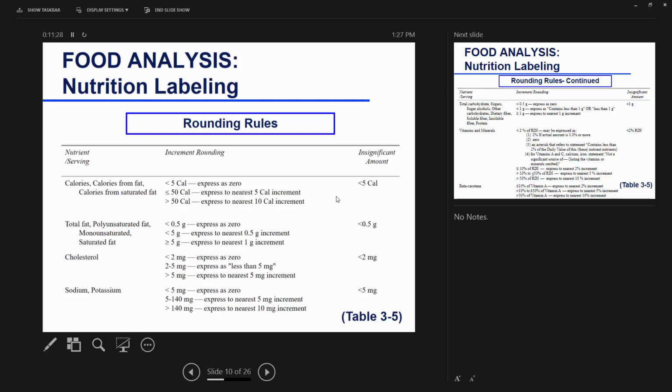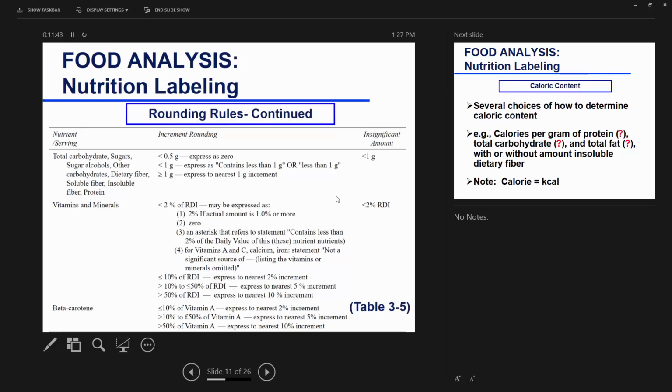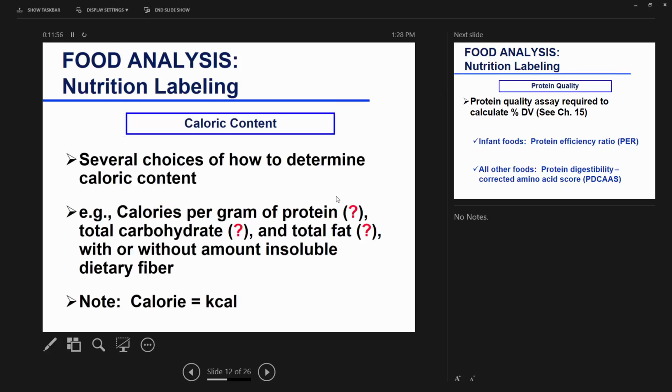So you need to know how you can express nearest 5, nearest 10, when can you say it's 0 content, and the same for these components as well, the different types. It continues with sugar. Now you don't need to know this, but this would be a good reference for you to come back to when you're working on the project.